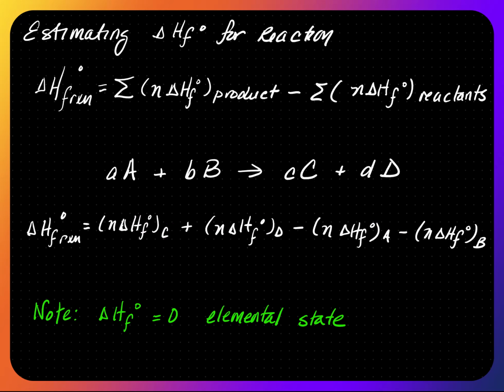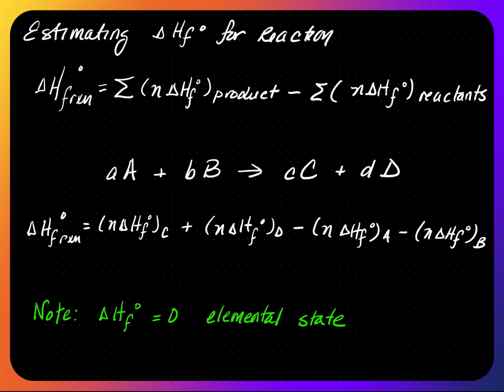To estimate the heat of reaction from the standard enthalpy of formation, the general equation is products minus reactants, in which the sigma sign is the summation of all the products multiplied by their moles. These values you get from your appendix at the back of your book. So these are given, or you will be solving for it, of the products minus the summation of all the reactants.